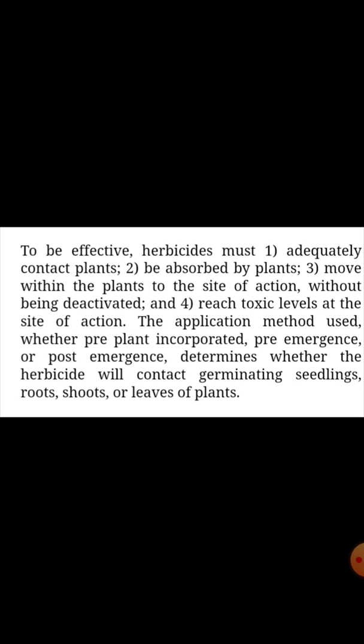Determine whether the herbicide will contact germinating seedlings, root, shoot, or leaf of plants.